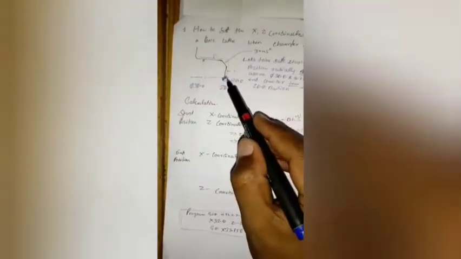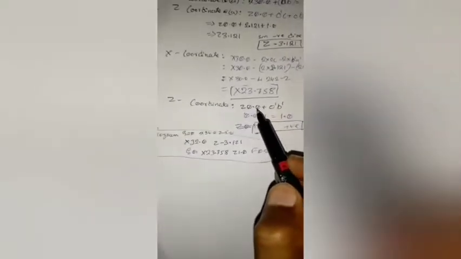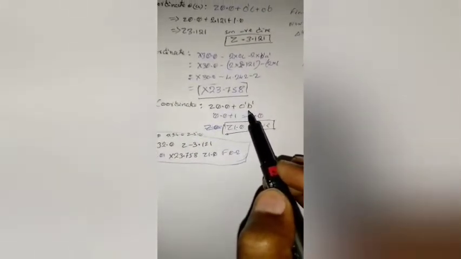I'll go here to the origin. This is the origin. This line represents Z 0.0. I'll write the same thing: Z 0.0 plus O dash B dash. This horizontal component in the Z direction is positive. Always this value will become positive, because this is the origin.